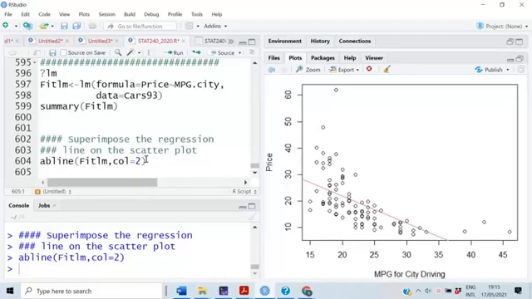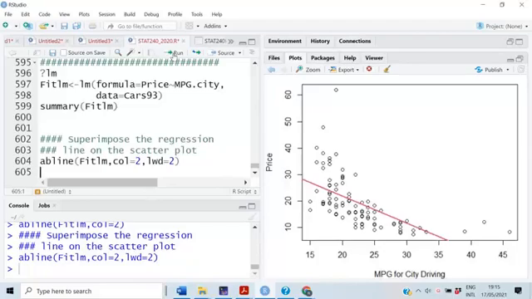I can make the line bigger by using lwd, let's say 2, which increases the width. Obviously, lwd is line width. There are so many options. You can even use a different line type, lty.